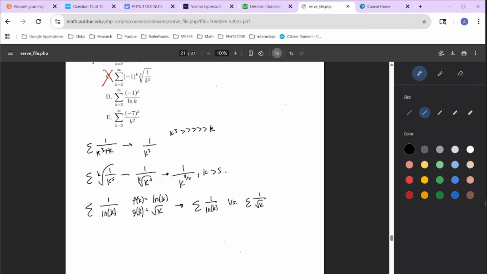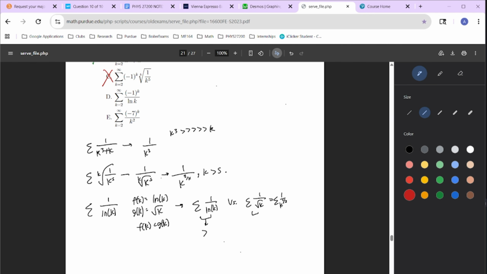Well, we know that if ln of k is less than the square root of k for all values of k, that means that the terms in this series must be greater than the terms in this series. But we already know that this can be represented as a series of 1 over k to the 1/2.